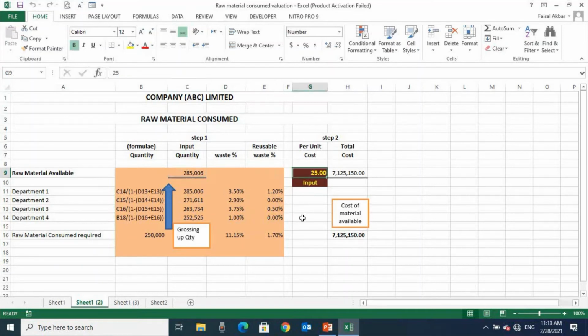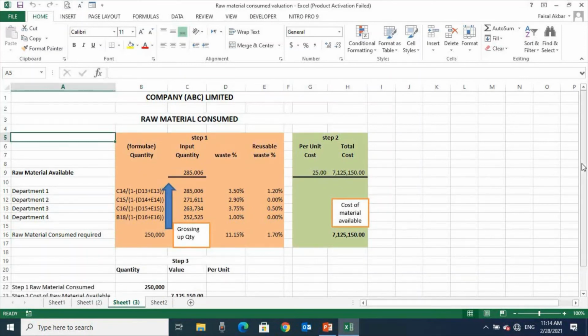For this, our per unit cost is 25 rupees. We will multiply 25 with 285,000 kgs and we come up with 7.1 million rupees worth of raw material to be input for obtaining 250,000 kgs of yarn.